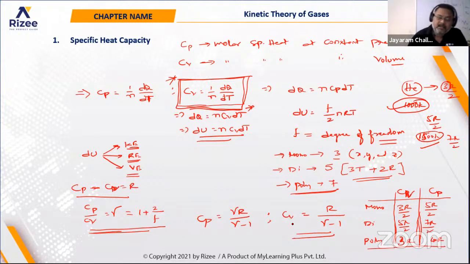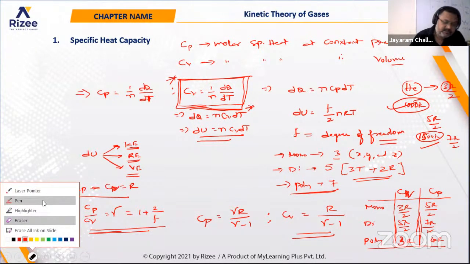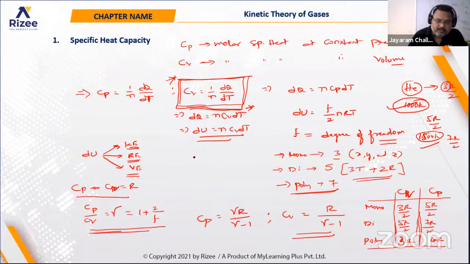And the Cv value you can also write in terms of the degrees of freedom. Cv can be written as F by 2 R, since it is 3R by 2, 5R by 2, and 3R.